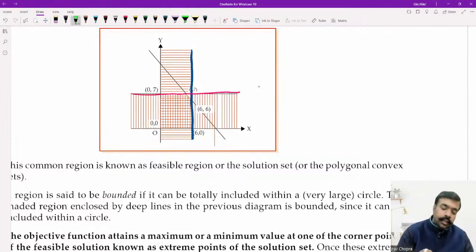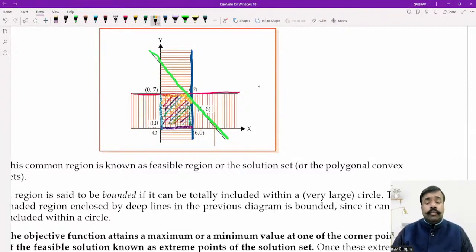And then the third line where x plus y is equal to 12. Now we have to see the common area between them. So what will be the common area? We can easily mark it from here. Since it will be in the first quadrant, this overall will be the common area.